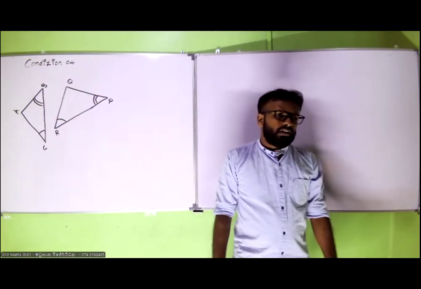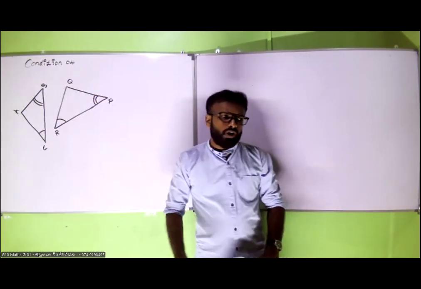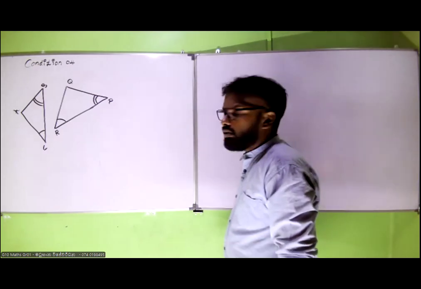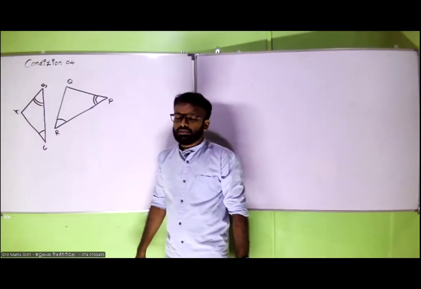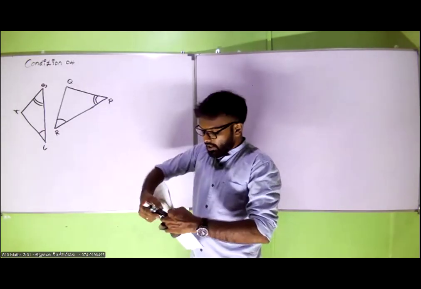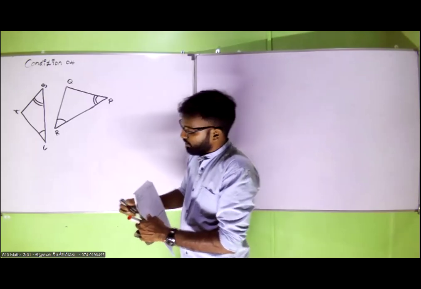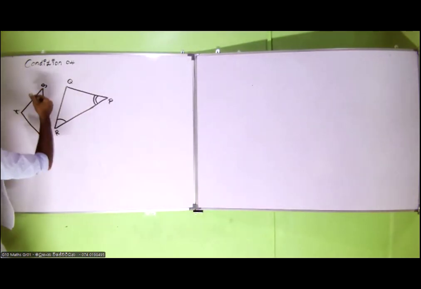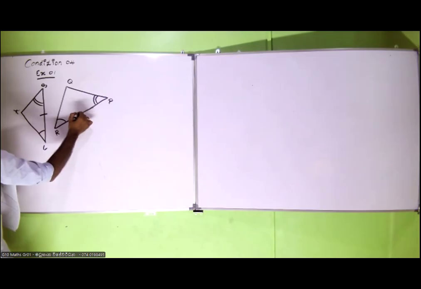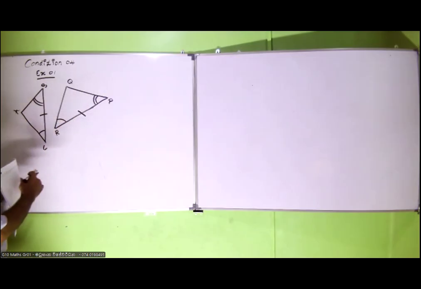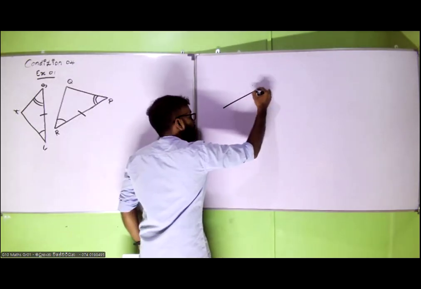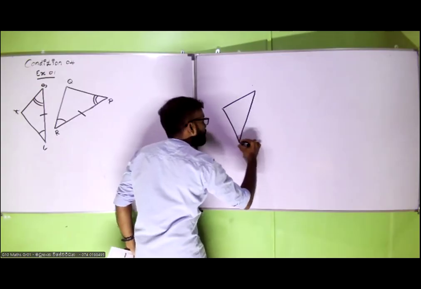Why is that? Why have they given it like that? In the previous conditions, they didn't give you a corresponding side. This figure can be like this one as well. Under example number 1, you have a figure like this, PC equals RP. In another way, you might have two different triangles like this.